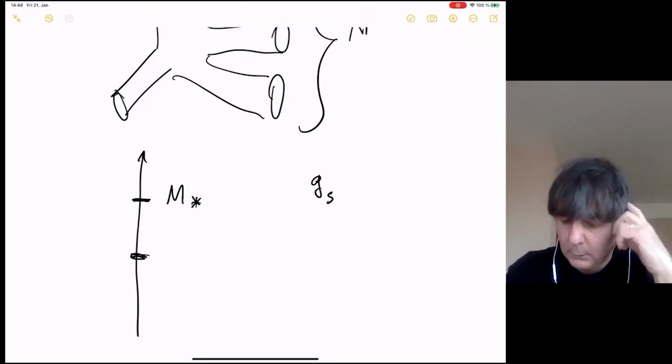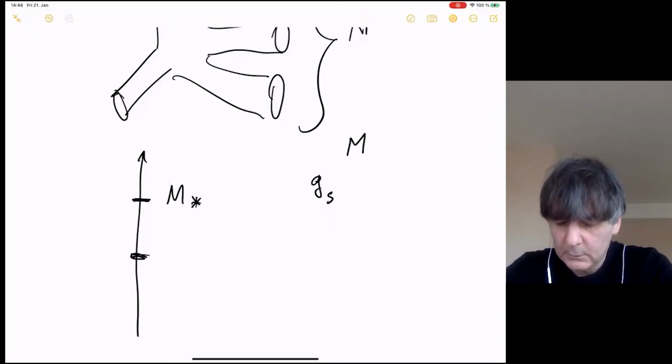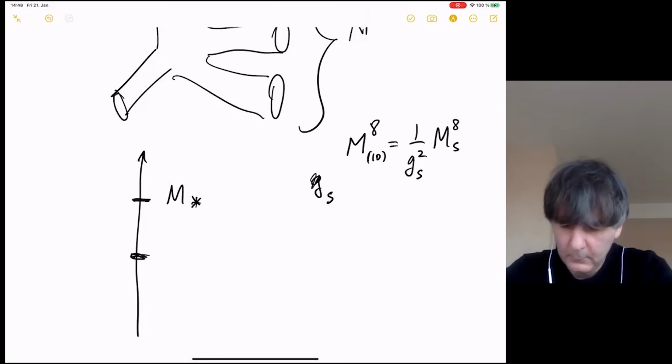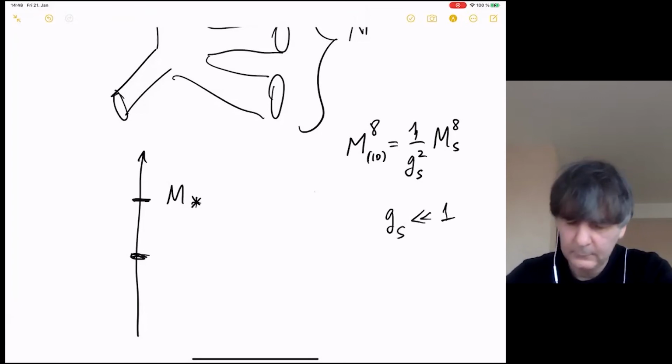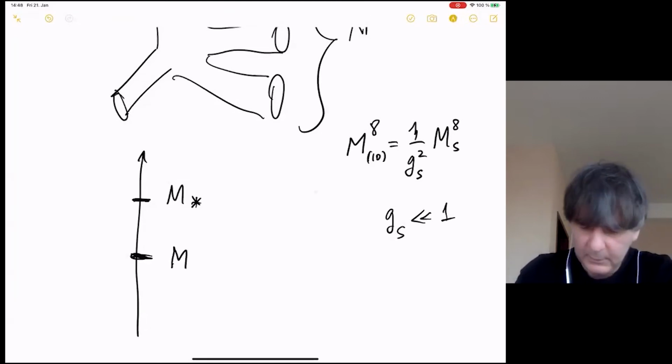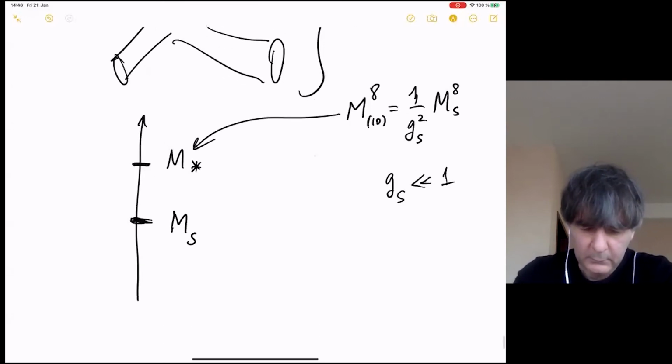For instance, in 10 dimensions, the 10-dimensional Planck mass is related to the string scale through 1/G_string. If G_string is very weak, then the string scale is below the fundamental Planck scale. So this cutoff could be the fundamental Planck mass.